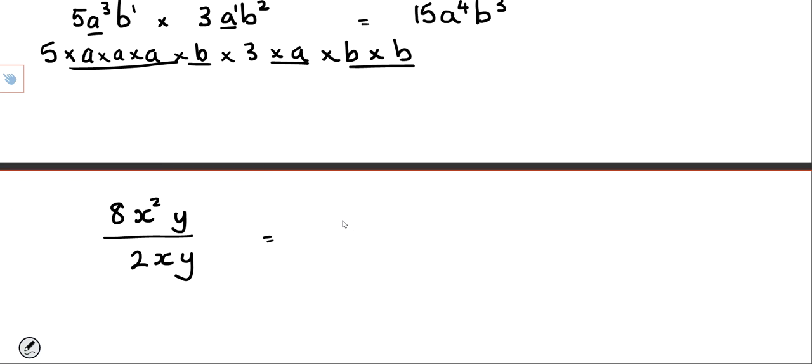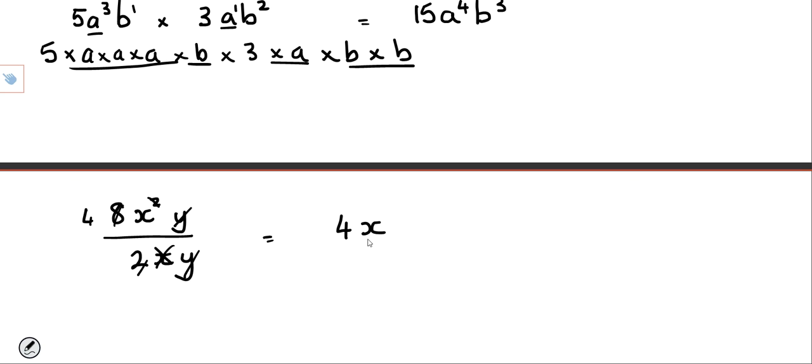So it's 4x, and then it'll be y. 4xy? No, not quite. Why is it not x squared anymore? Because you divide by x. The 8 divided by the 2 is 4, so it's just 4x. The y divided by the y also cancels, so we're left with just 4x.